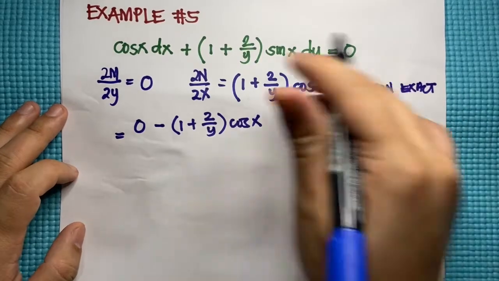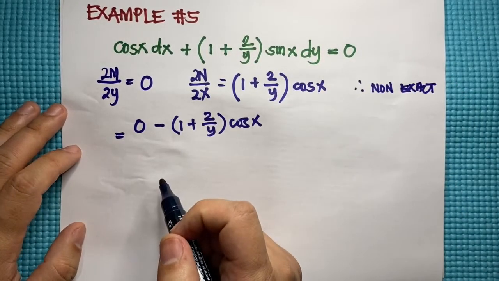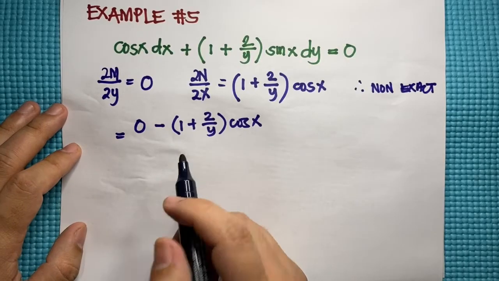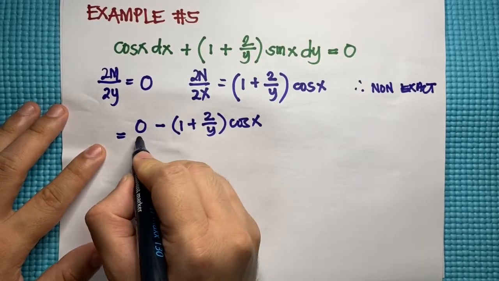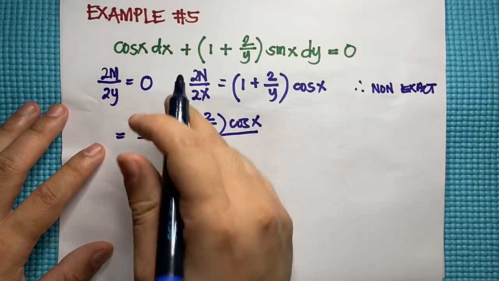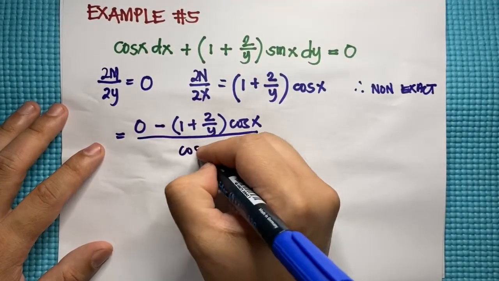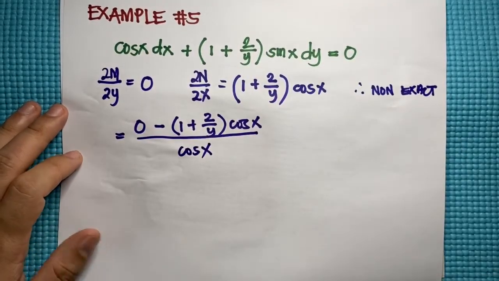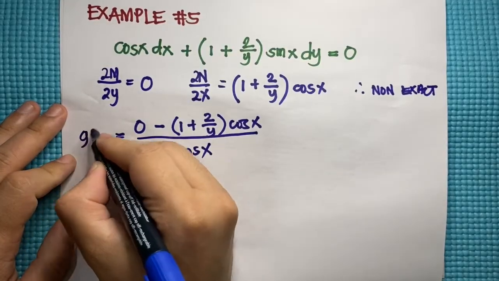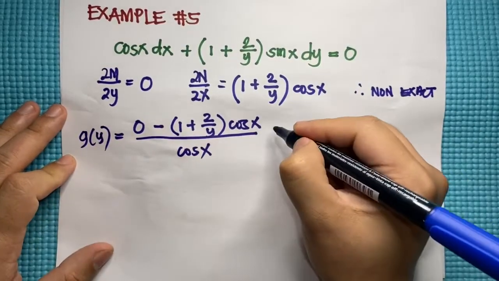But in this case, since we're solving it before usually using case 1, I'll do this one with case 2. So I'm going to divide it by M, which is cosine x. Therefore, this should be a function of y alone, which is true.